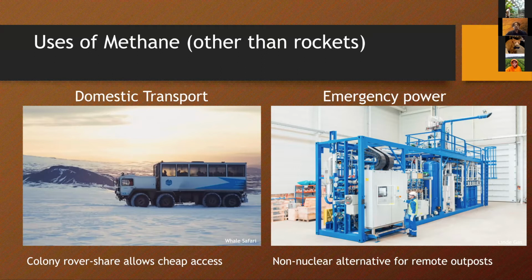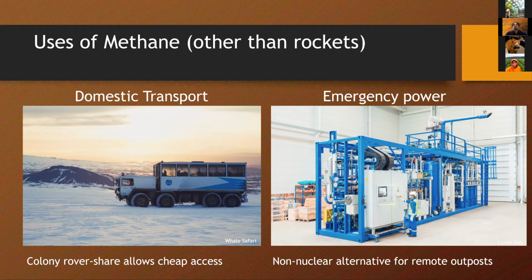And so one of the bigger things that I think is not a part of discussions about early colonies is how domestic transport is going to strongly amplify the capability of the colonists themselves to explore and really connect with the surface of Mars. And so this is one area where methane could be a very interesting fuel source.